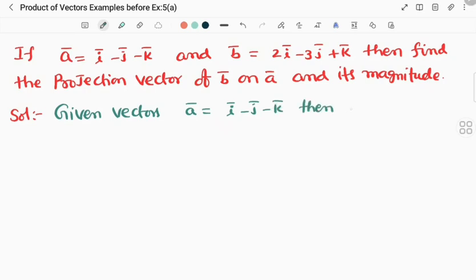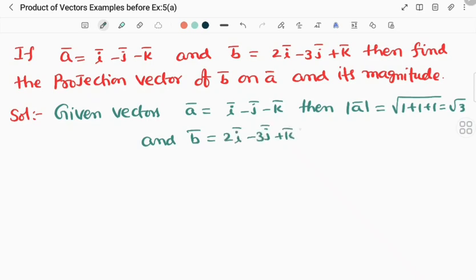Then mod A bar, their magnitude also calculated, students: 1 plus 1 plus 1, which is equal to root 3. And B bar equal to 2i minus 3j plus k.